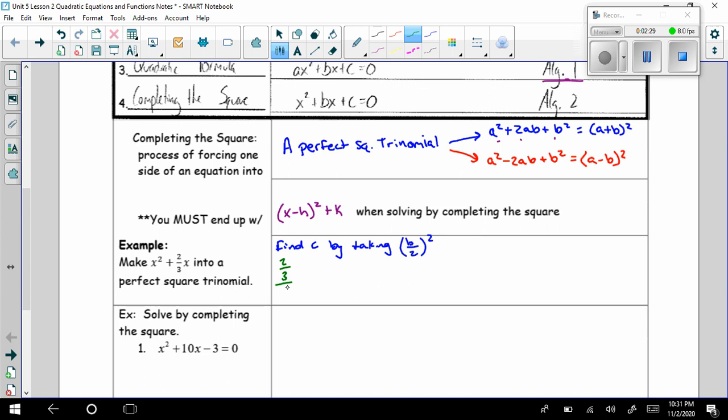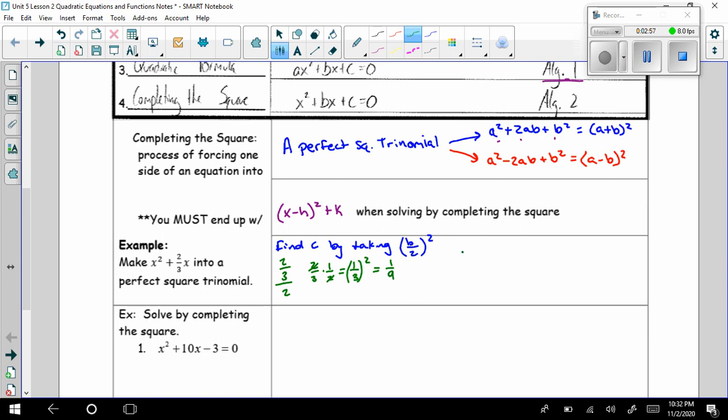We're going to divide that by 2, which is the same as multiplying 2/3 by 1/2. Those cross cancel and we end up with 1/3. So this is our c term. After we square it, that becomes then 1/9.